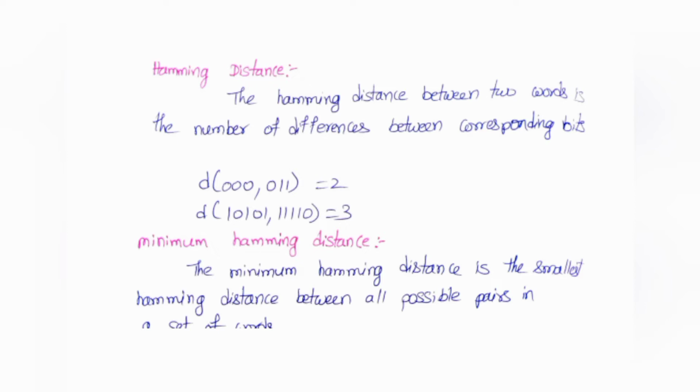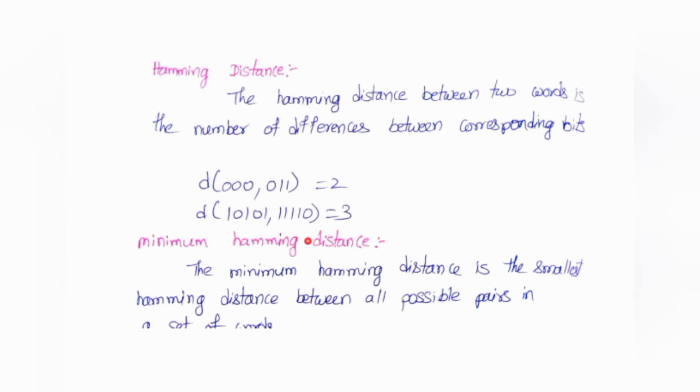We are taking two words here, 000 and 011. What is the difference between the corresponding bits? The first 0 is the same, and in the second position we have 0 and 1, and 0 and 1. So there are two differences between these two code words, right? So we write 2.